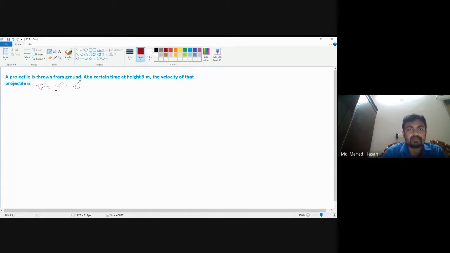So 3i plus 5j is the velocity of that projectile at 9 meter height.